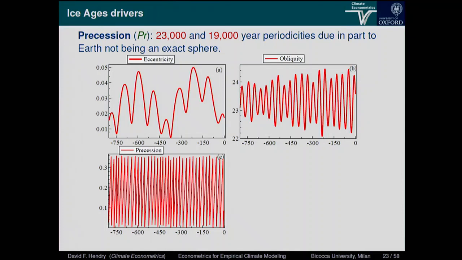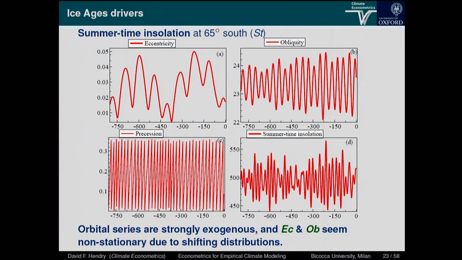We get milder winters and milder summers because we happen to be closer to the sun in the tilt at the time of the season that's currently operating. And then these have been translated into summertime insolation at 65 degrees south, which you can see reflects the basic features. They've got the two patterns of the eccentricity, and they've got the obliquity, and it's slightly hard to see the impact of the precession.